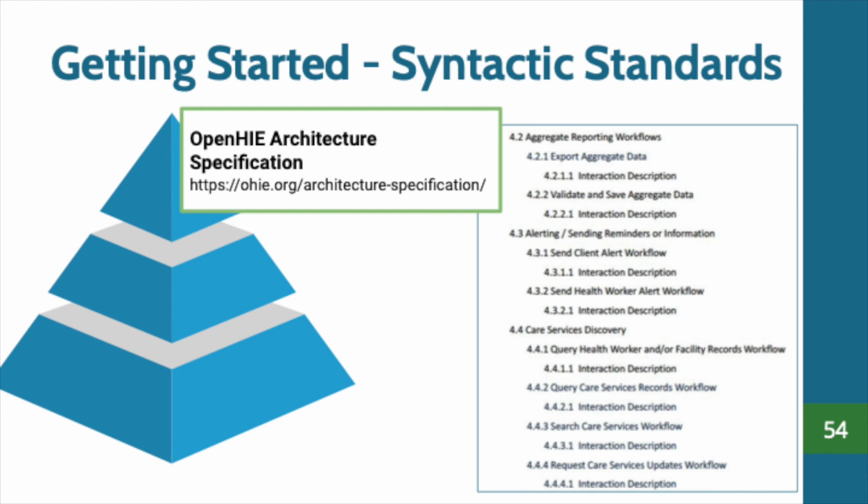Number two, in the specification, you should be able to look at the table of contents that I have provided on the right side of the screen as an example. Look at that table of contents and you should see the workflow section. The workflows are the data exchanges.